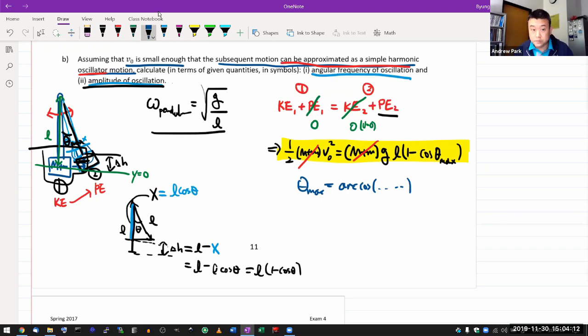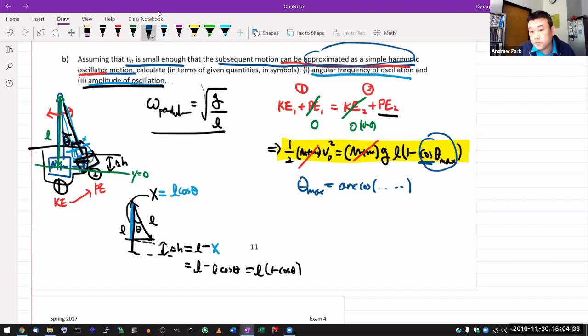There's another way to answer this, especially if you feel comfortable with small angle approximation. Since we are using this small angle approximation anyway, you could use it to rewrite this cosine of theta max.